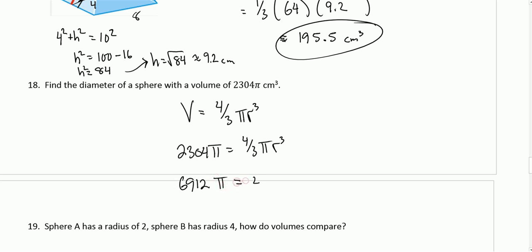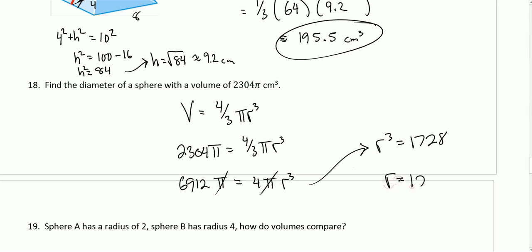6912 pi is 4 times pi times r cubed. Divide by pi and divide by 4. And we get r cubed is 1728. Take the cube root of 1728 and you get 12.